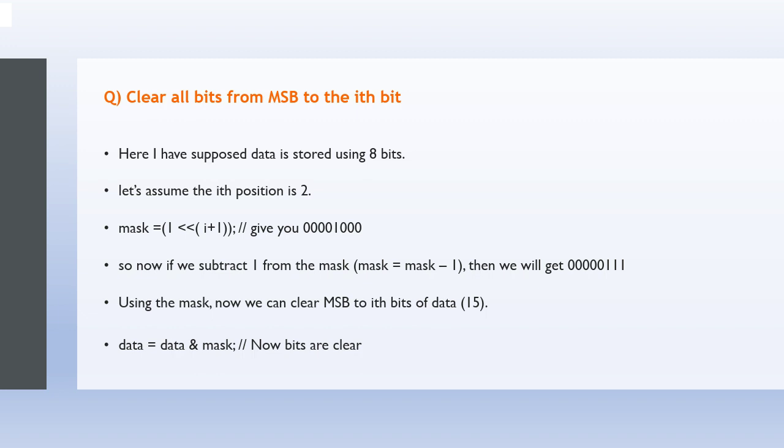Now if we subtract 1 from the mask, mask equal to mask minus 1, then I'll get 0 0 0 0 0 1 1 1. Using the mask, now we can clear MSB to ith bits of data 15. Data equal to data AND mask, and this is how I can explain it with a small figure.